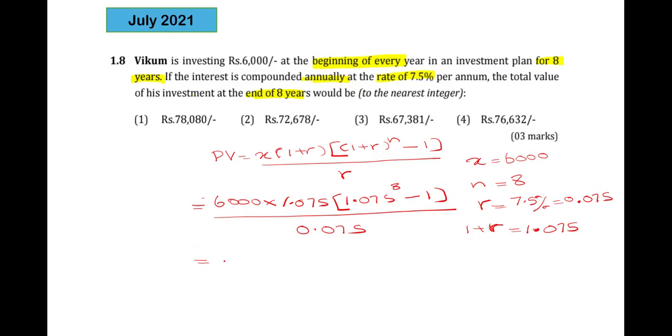Then we get 67,379.09. The nearest value should be 67,379 rupees.